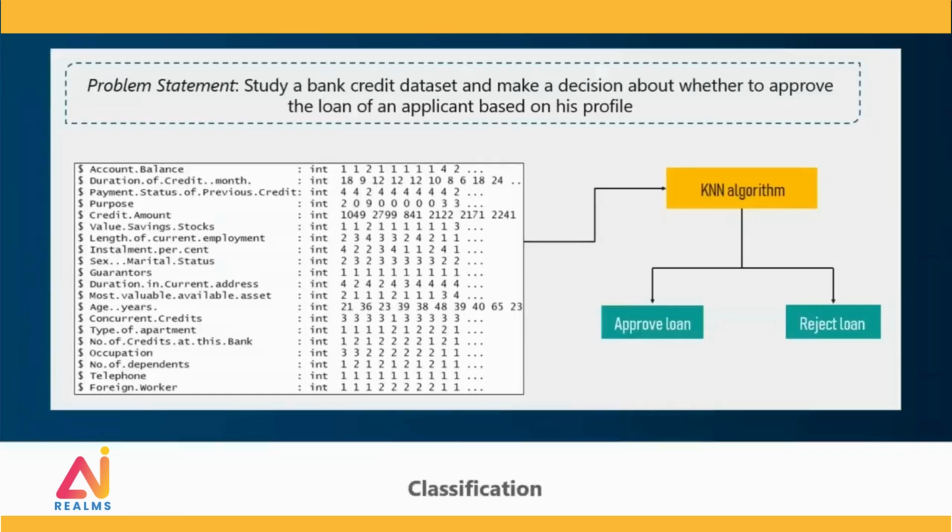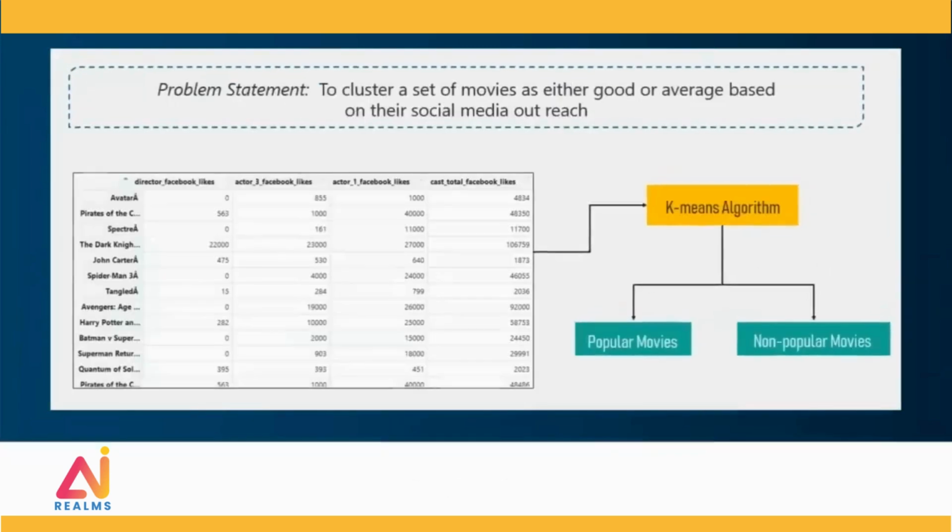So here itself, you understand that this is a classification problem, okay? So you can make use of algorithms like KNN algorithm, or you can make use of support vector machines in order to do this. So support vector machines and the KNN, which is nearest neighbor algorithm, are basically supervised learning algorithms. Right. We'll talk more about that in the upcoming slides.